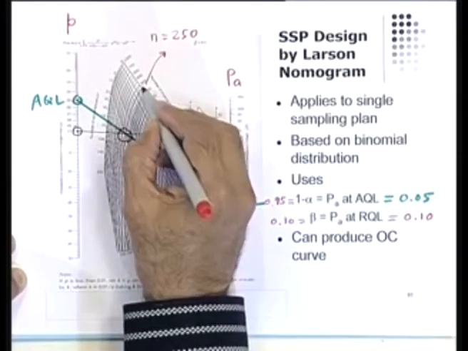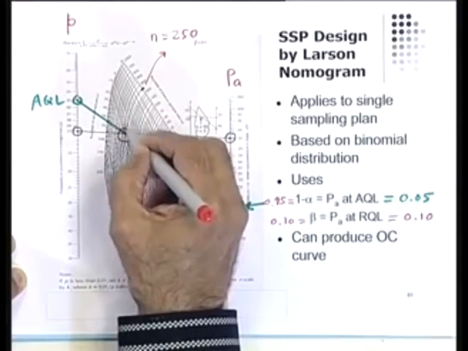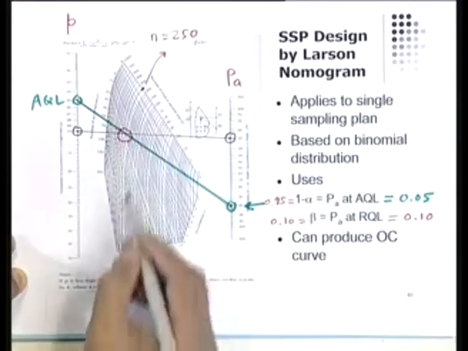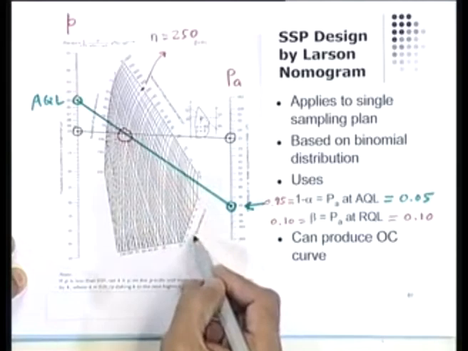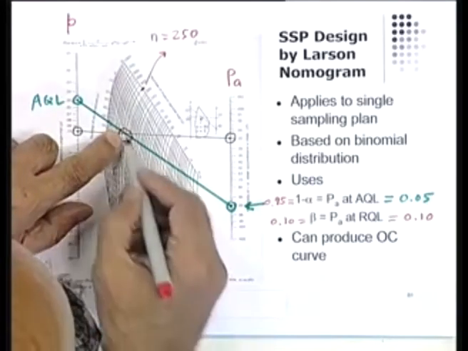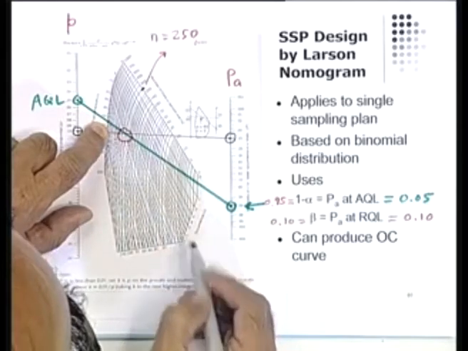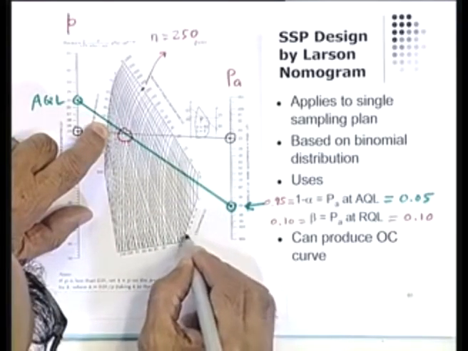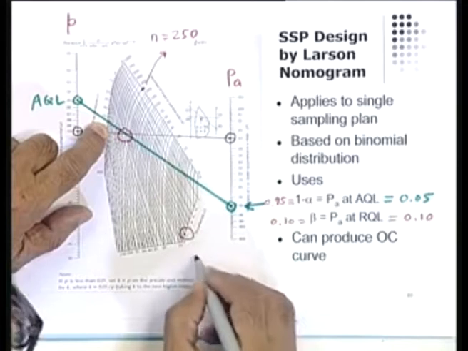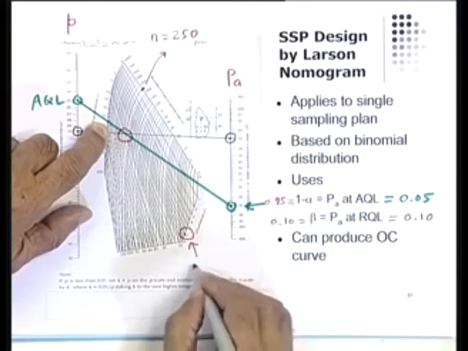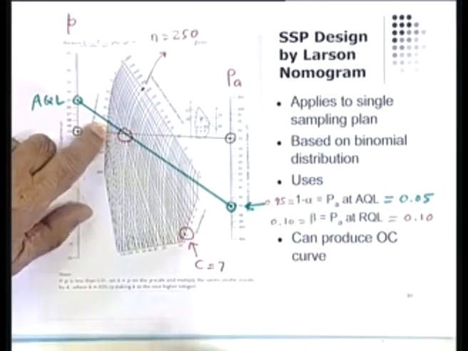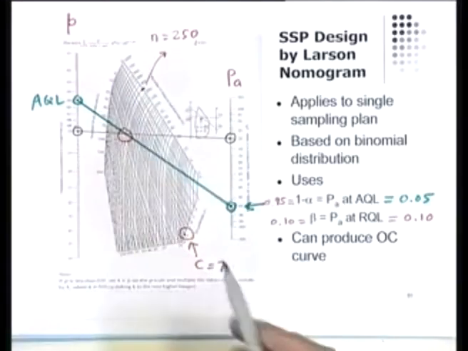How did I find N? I just climbed up the curve, that's all. And I climbed down the curve this way, and I'll end up with here somewhere. And this turns out to be my value of C. This is the value of C. C equal to 7.